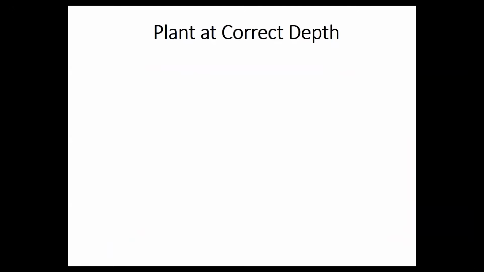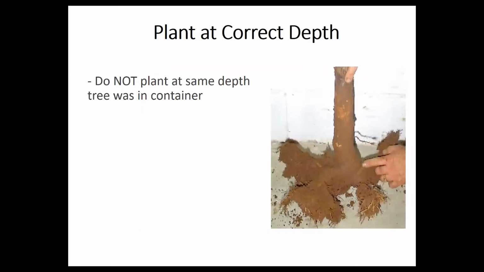How do you plant at the correct depth? Well, in most cases, don't plant at the same depth the tree was in the container. This might be just fine, but first, here's a great picture I got from a Nebraska Forest Service presentation. You want to find the trunk taper, the first lateral root. On younger trees, it might be hard to see the trunk taper, so look for that first lateral root coming off.